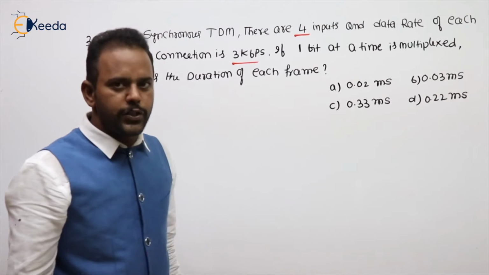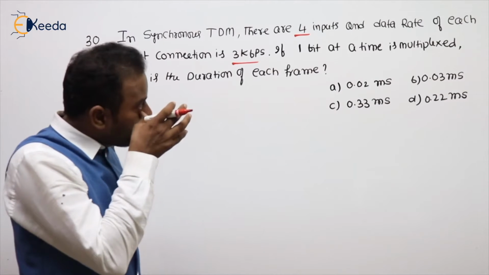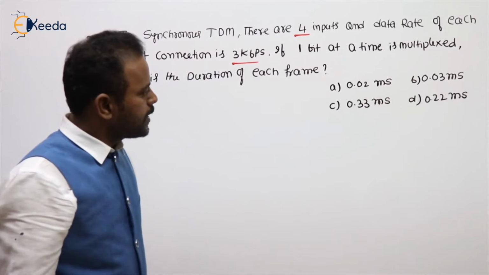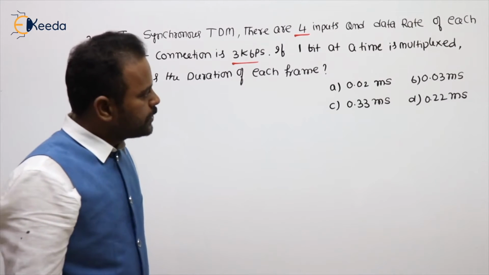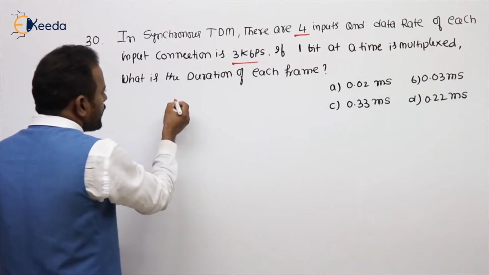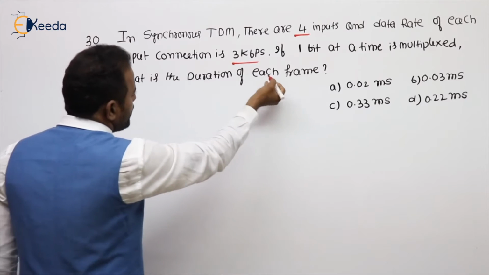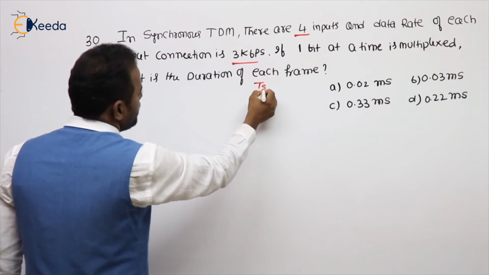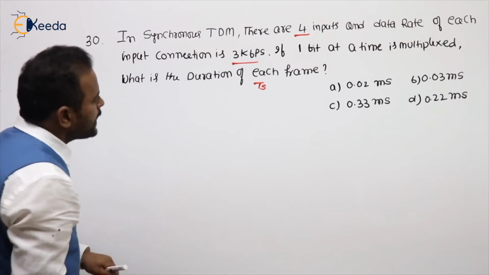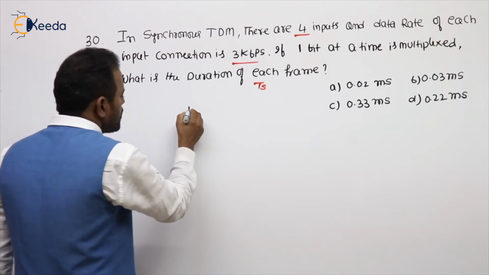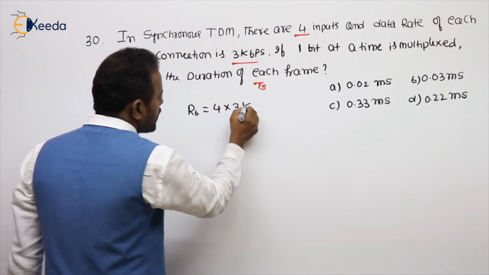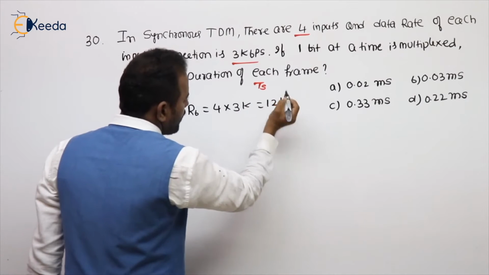Option A 0.02 millisecond, option B 0.03 millisecond, option C 0.33 millisecond, option D 0.22 millisecond. What is being asked? The duration of frame, TS. He has given that each data rate is 3 kbps. So the total data rate RB will be, there are 4 messages, each of 3K, so it will be 12K.